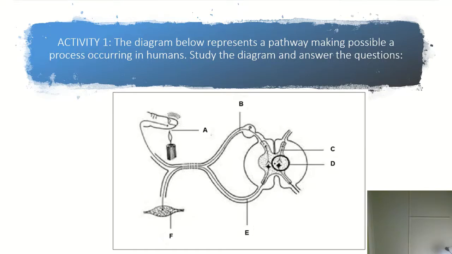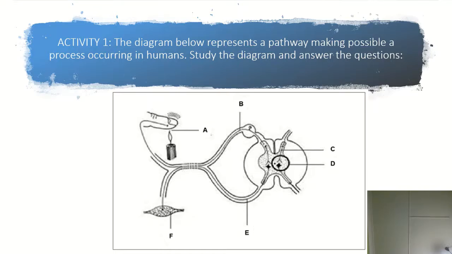Underneath that, it's a candle, so there's some fire there. I think the finger is going to burn. But at this stage, I hope and believe that you are able to label all the parts of the reflex arc. Remember, when we began the topic, I said terminology is very, very important.